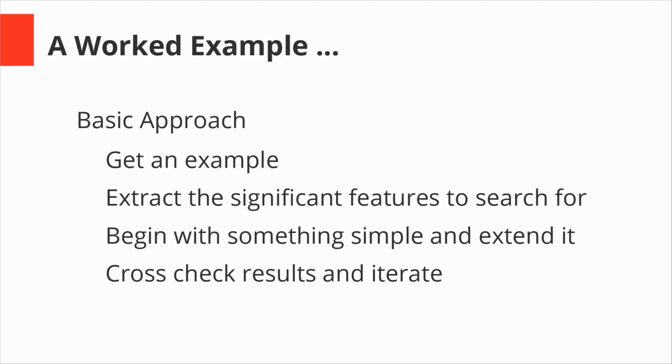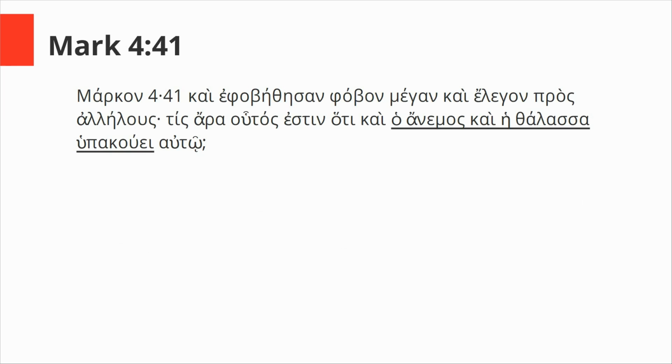Okay then, let's take another look at the example in Mark 4:41 and go through this process of extracting the key features so that we can construct our search. Okay, the first feature is the distance between the substantives. You will expect that you need to constrain these to be comparatively close together if they're going to be a compound subject. So somehow we have to constrain that distance.